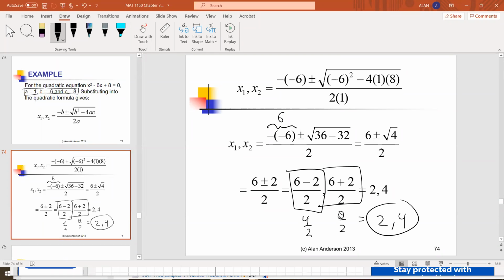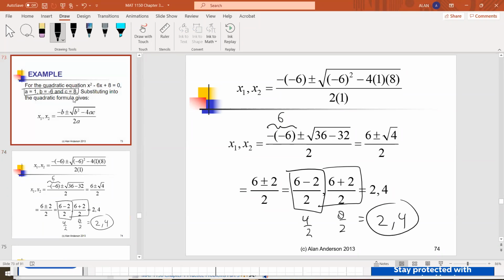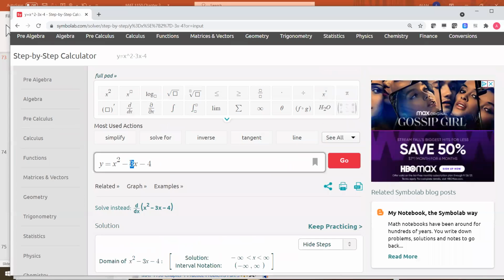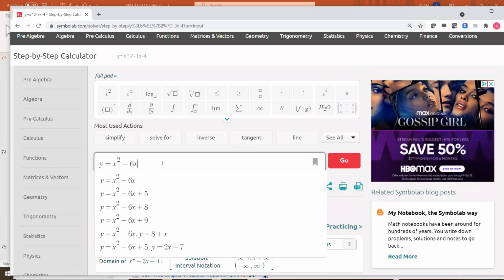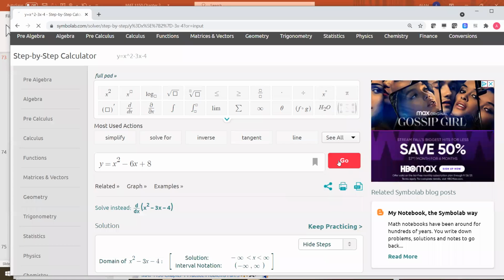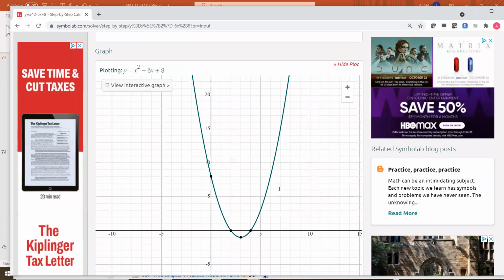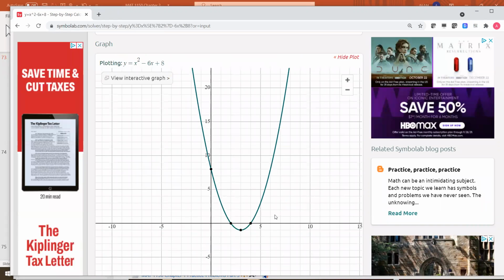All right, let's see what this looks like in Symbolab. Okay, this is the graph, and it's an upward-facing parabola, of course, but it crosses at the points (2, 0) and (4, 0). Now you notice the vertex is not on the vertical axis; it's over here. This is our vertex. If we were asked for that, it would be (3, -1).